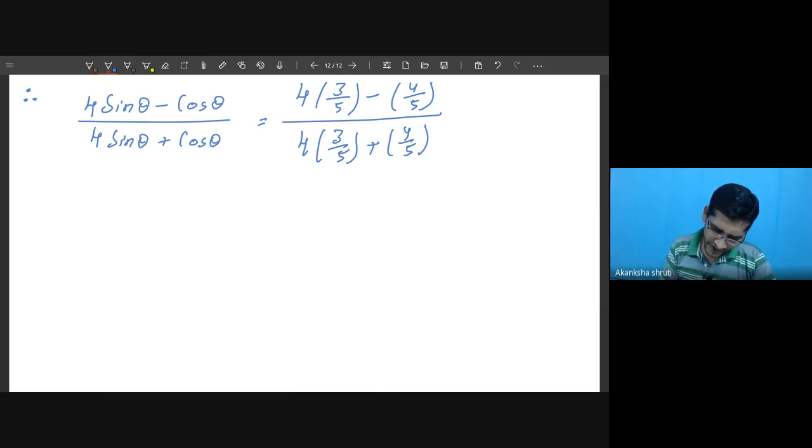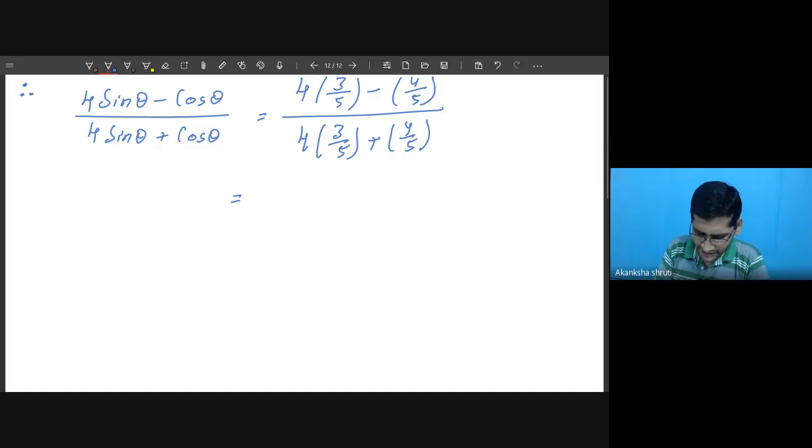Now you have to go for simplification. You are getting a fraction in the numerator. So this 4 and 3 will just get multiplied to each other. So I can write this as 12 by 5 minus 4 by 5 divided by, again 4 3s are 12 by 5 plus 4 by 5.